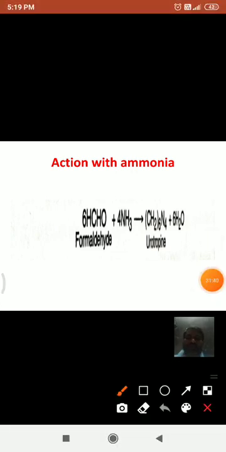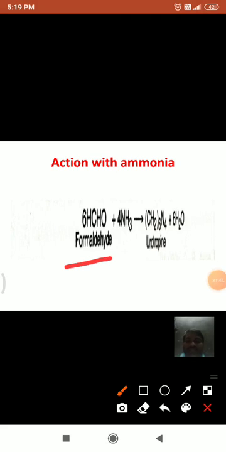And the next is the reaction with ammonia. See here, first the action with ammonia means the formaldehyde reaction is different. When formaldehyde reacts with ammonia to give hexamethylene tetraamine, it is commonly known as urotropine.